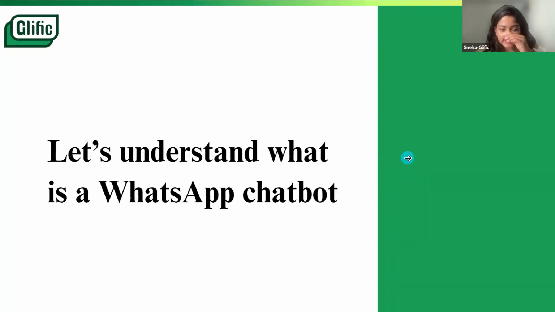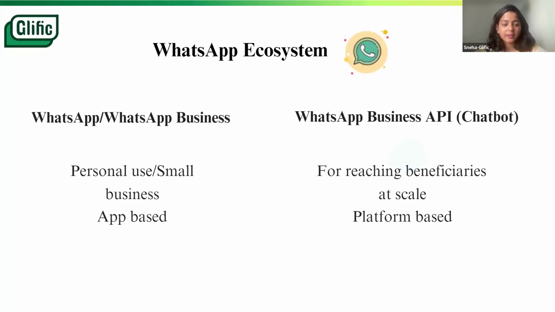Aishwarya, can we move to the next slide? Okay. So two things when you think about WhatsApp. You would have used WhatsApp to communicate with your friends, family, and your close network. And that is basically through your smartphone.